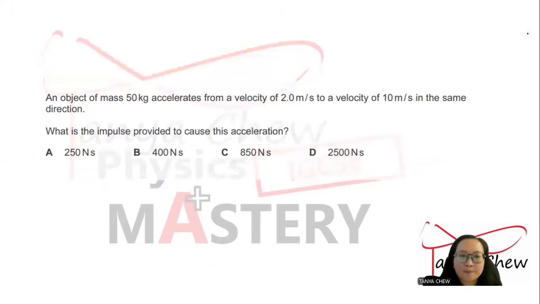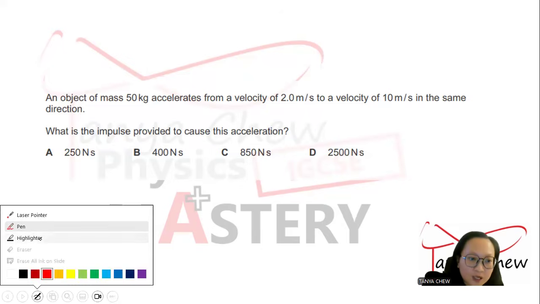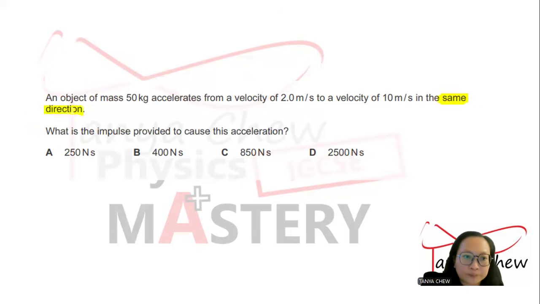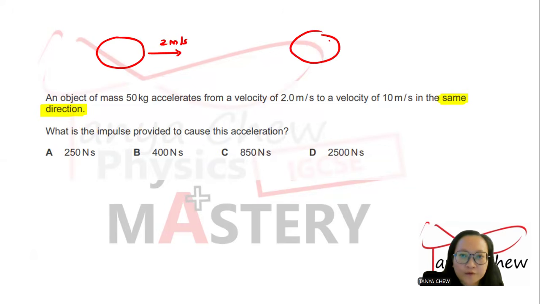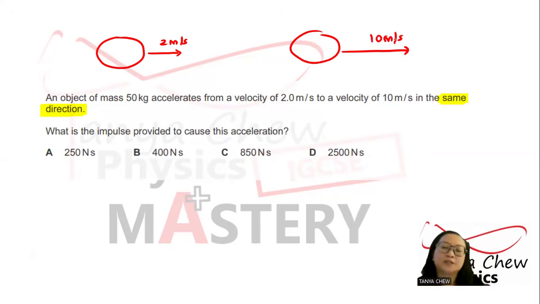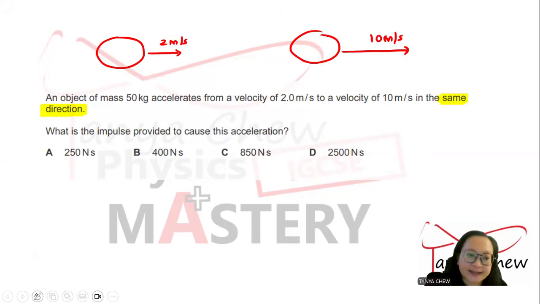Let us look at one past year question. An object of mass 50 kilogram accelerates from a velocity of 2 meters per second to a velocity of 10 meters per second in the same direction. This is the keyword: same direction. So this is an object moving at 2 meters per second and then still moving in the same direction but speeding up. What is the impulse provided to cause this acceleration?